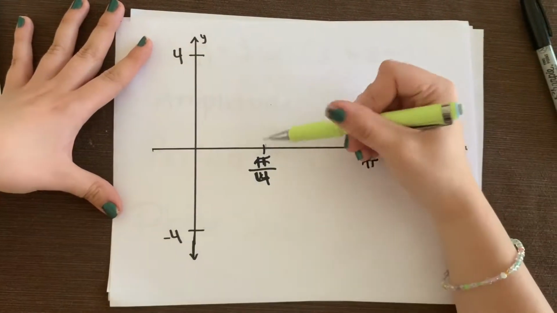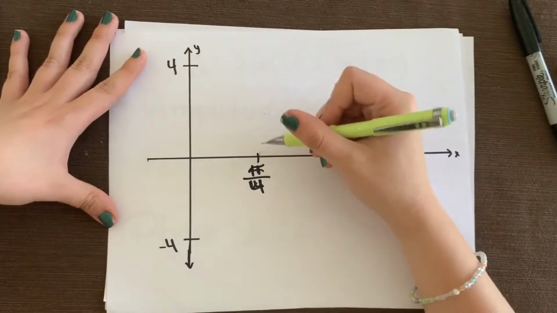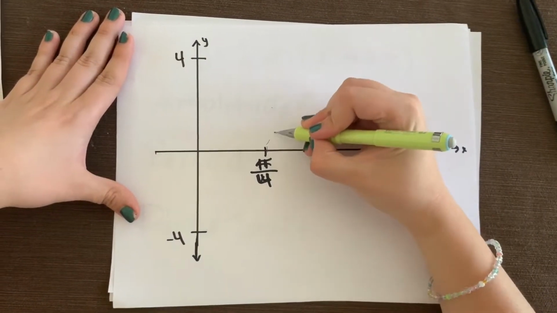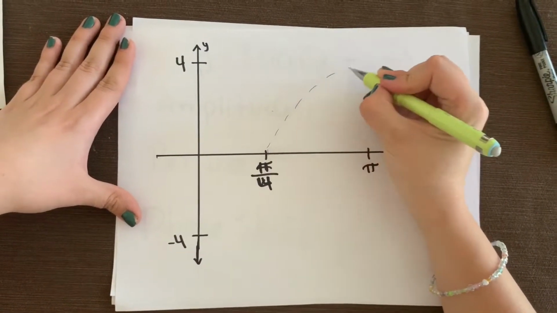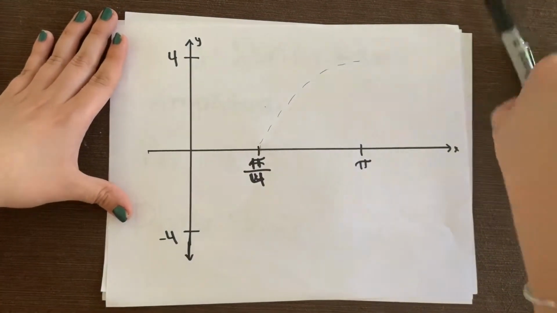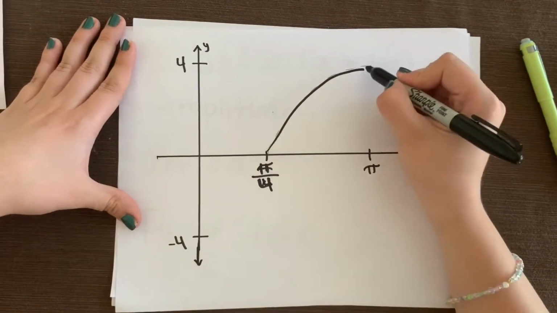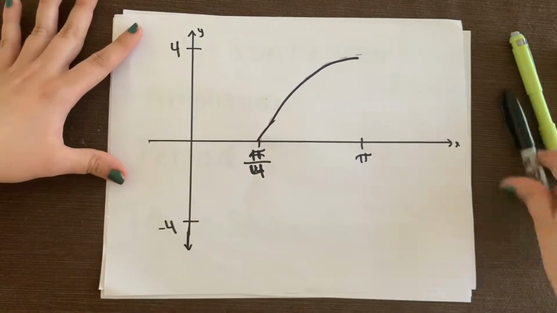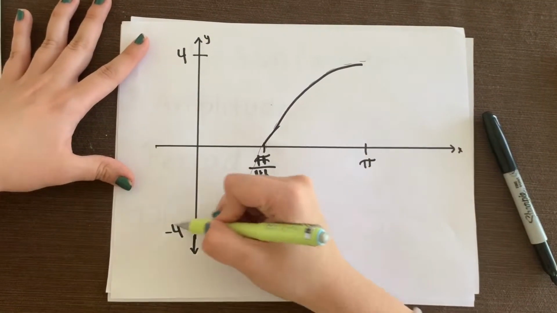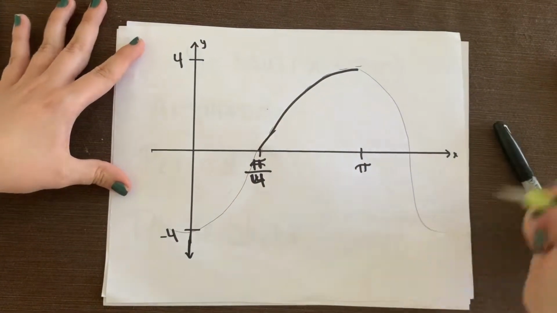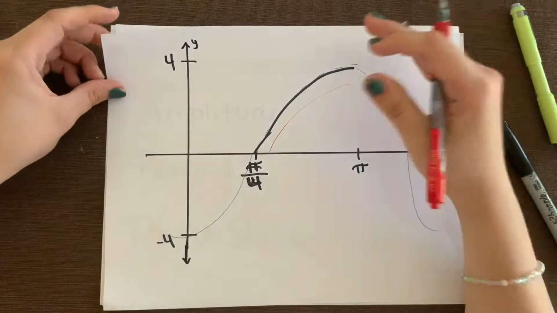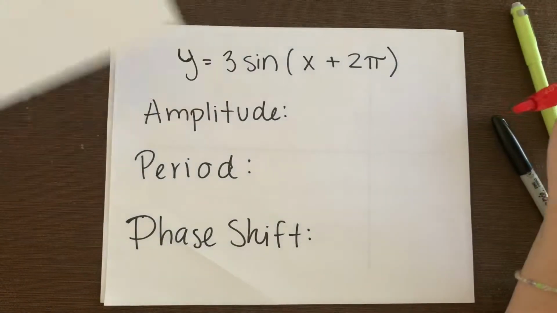So then, since we always start at 0, we're going to have to start from pi over 4 to pi. So we are only actually going to show this little bit of the function because of the period that they're showing us. But obviously we know that this would be this way and this would be this way and the graph would keep going. But for now, it's just this part that is part of the function.